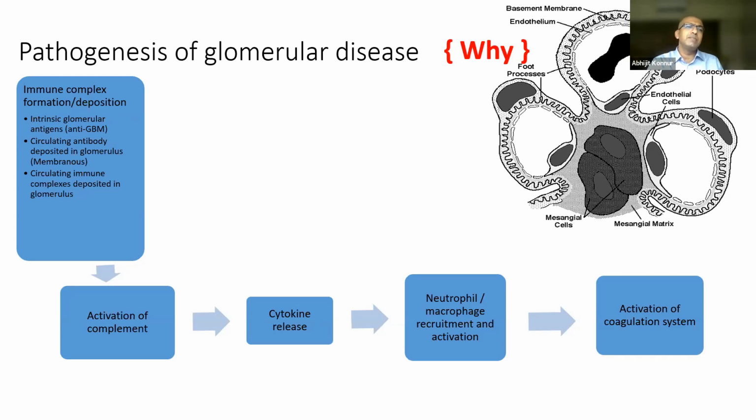And lastly, you can have circulating immune complexes which get deposited in the glomerulus, like in lupus nephritis. Any of this deposition kickstarts the activation of complement, and they have chemokines like C3a and C5a, and you have cytokine release, which leads to ingress of neutrophils, macrophage recruitment and activation, and finally activation of the coagulation system.